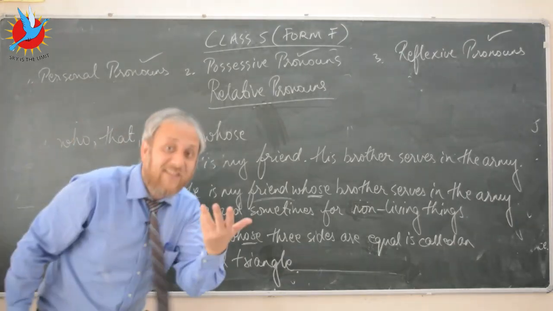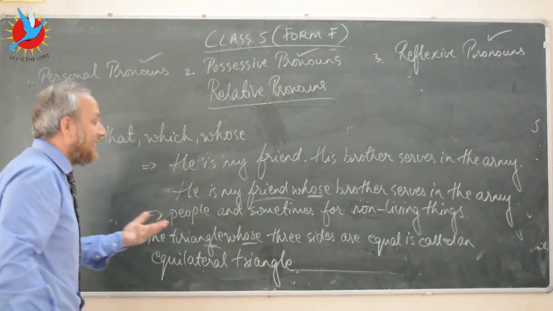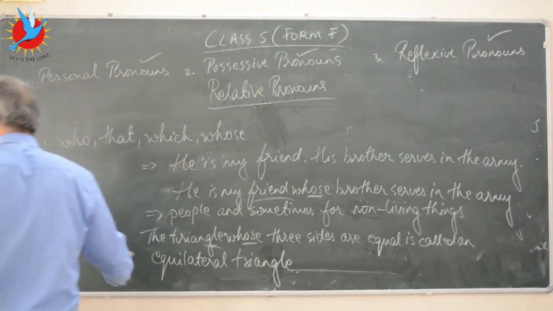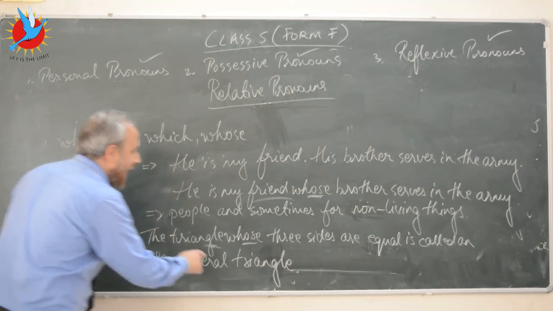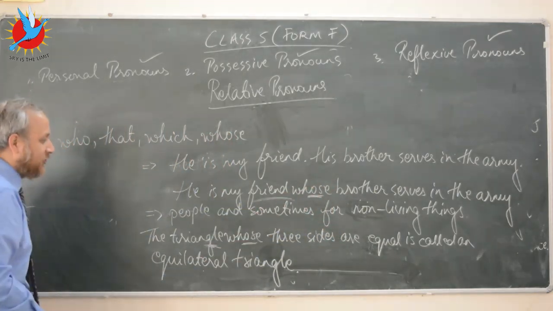So what the fathers who taught us told us was to write it in this way. The sentence out here reads like this: the triangle whose three sides are equal is called an equilateral triangle.